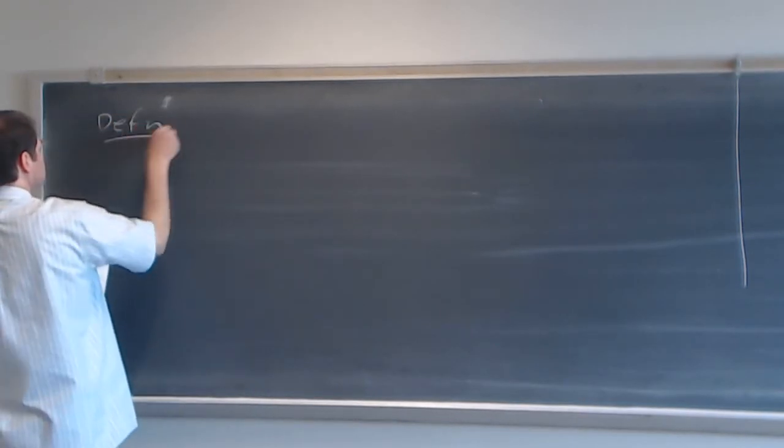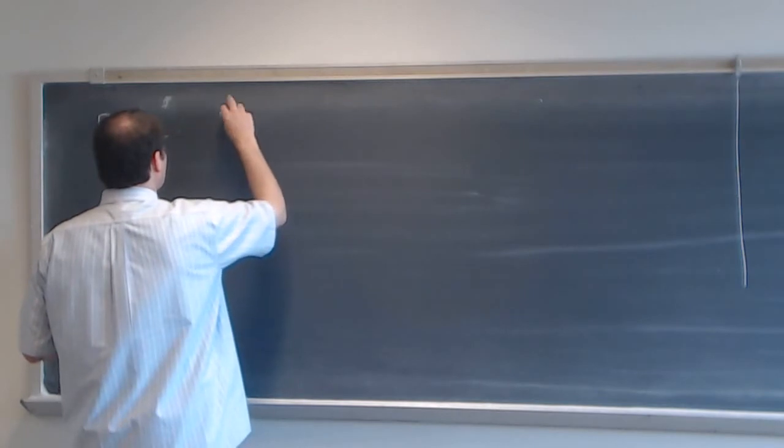The first thing I want to start with is a definition, and that is the variance of a random variable.